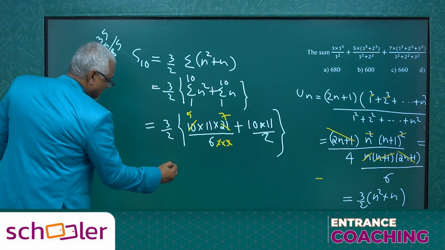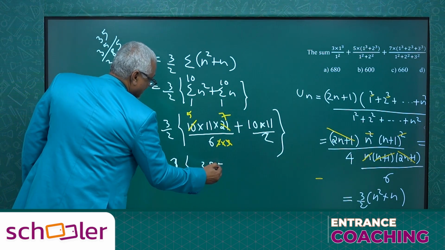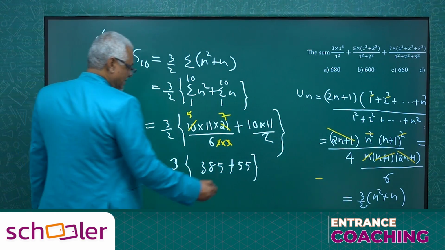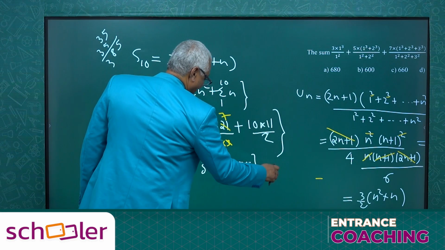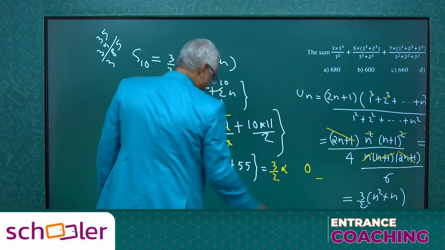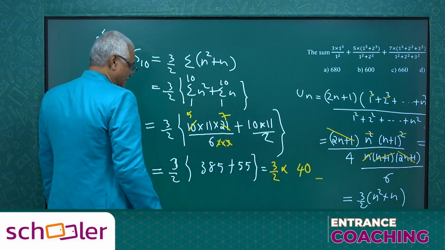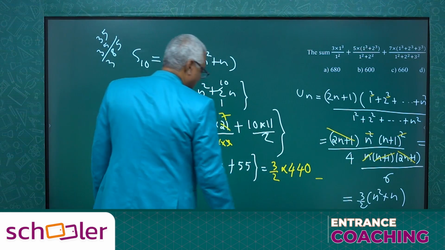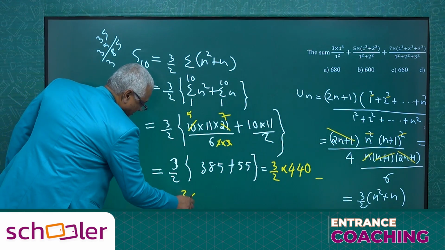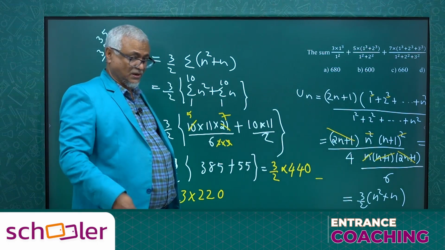So this becomes 3 by 2 times 385 plus 55. This equals 3 by 2 into 440, that is, 3 into 220.